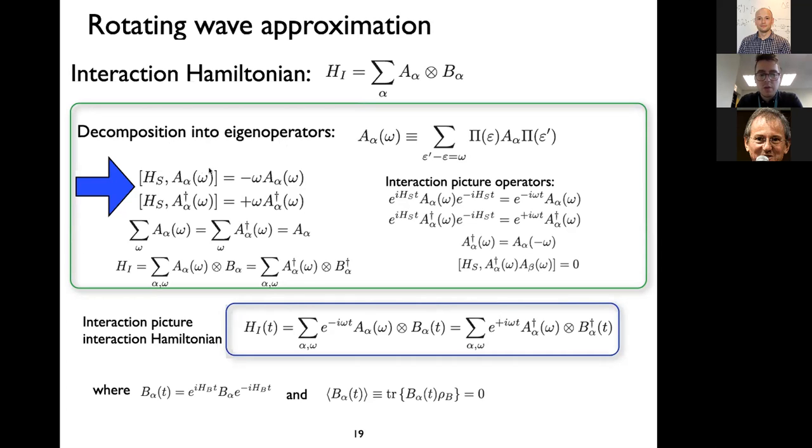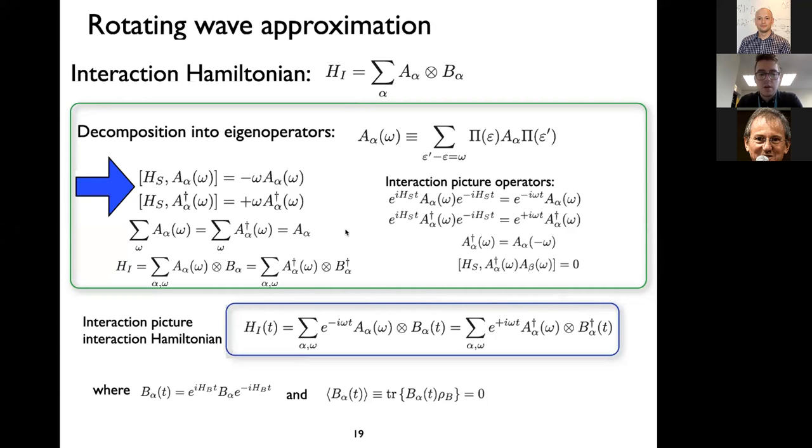So an operator which satisfies this commutator property is said to be an eigenoperator of this open system Hamiltonian H S. I won't go over too many more technical details, but another important property of these eigenoperators is that we can decompose our system interaction term into a sum of these eigenoperators.